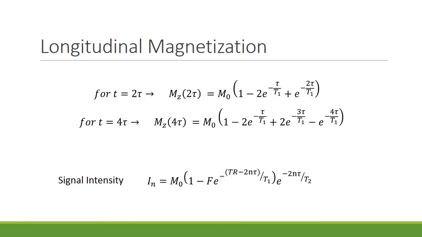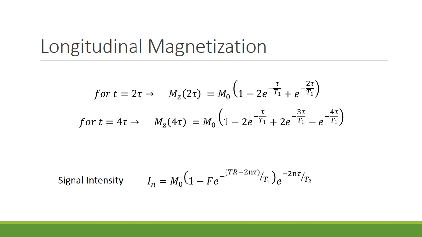We can repeat this approach for getting the magnetization in z direction, and you can see we have the magnetization at echo times, and finally we can get the general formula for signal intensity at echo times.